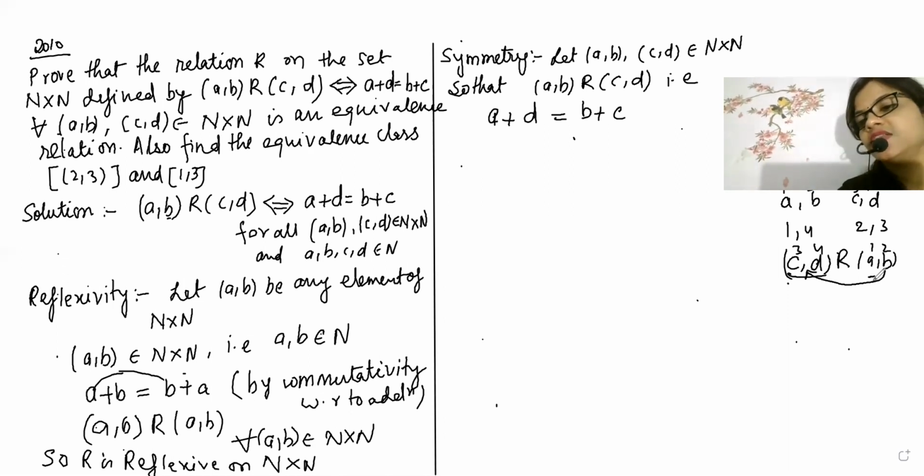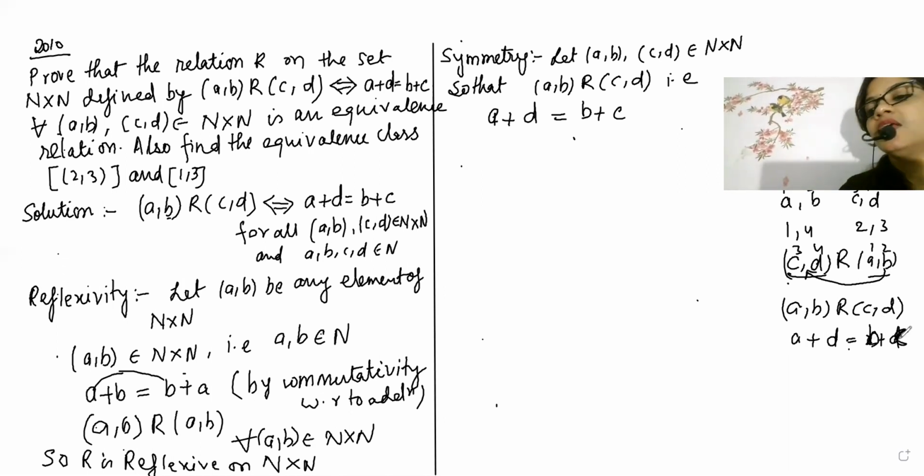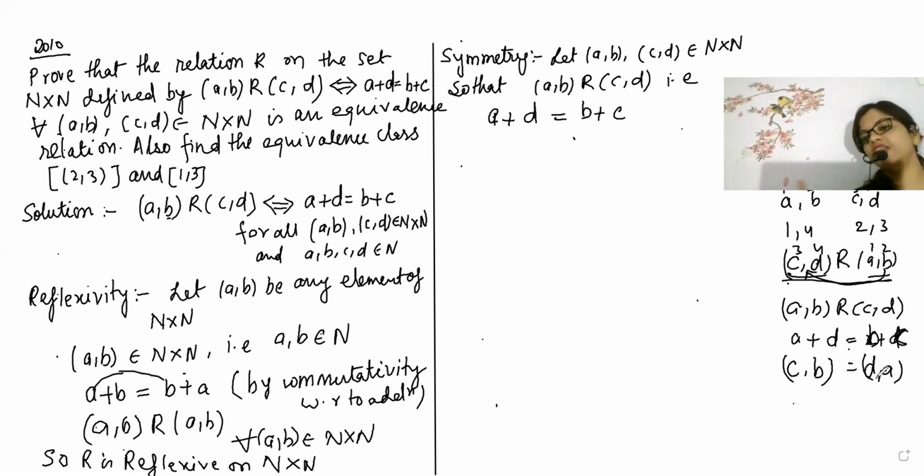For this relation, beta, when A comma B is related to C comma D, what you are writing is A plus D, first with fourth, and B plus C, second with third. Now here, when C comma D is related to A comma B, first with fourth: what is first? C. What is fourth? B. And then D and A. We need this order: first, fourth, second, third.